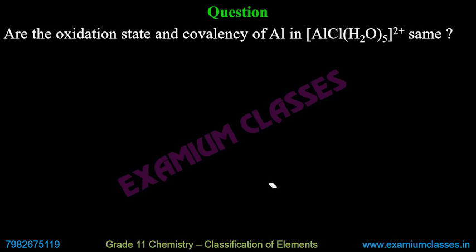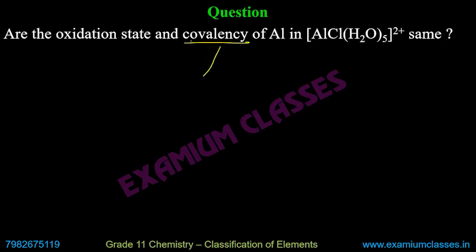So we are talking about aluminum, just see aluminum is connected to how many other atoms. Now this is a slightly tricky one, and I believe that it should not have been in this chapter, but because it is there, you have to do it. Understand the difference here.